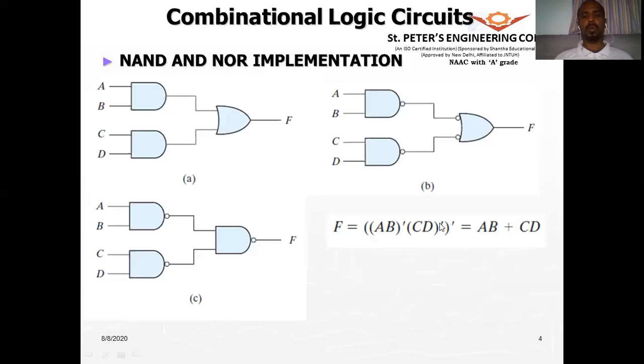When you give these to this NAND gate, the output will be A and B whole complement ANDed with C and D whole complement, that thing whole complement. When you simplify this, you get AB or CD, which is the same as what you got here.